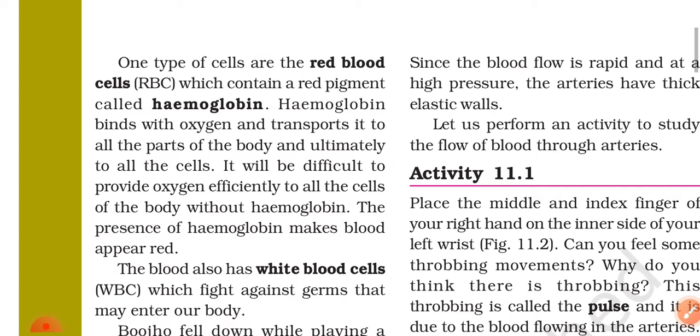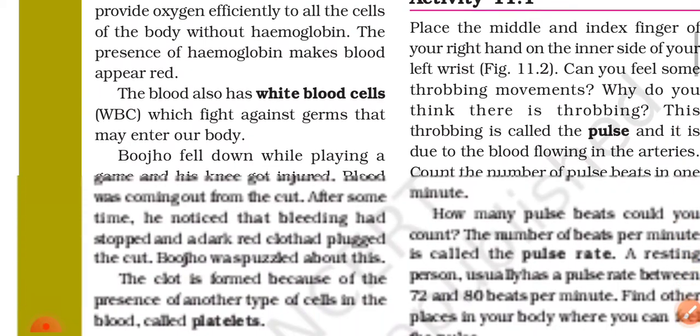Hemoglobin binds with oxygen and transports it to all parts of the body and ultimately to all the cells. It will be difficult to provide oxygen efficiently to all the cells of the body without hemoglobin. The presence of hemoglobin makes blood appear red.